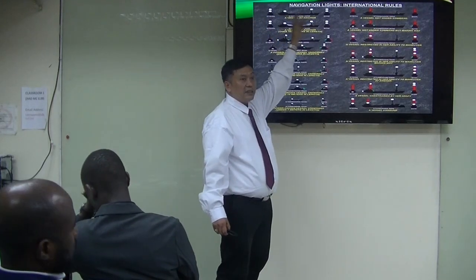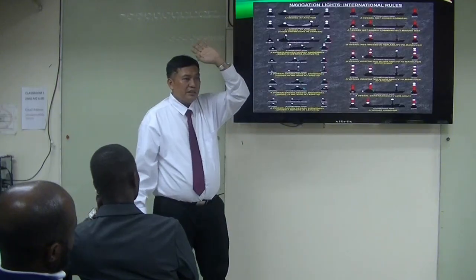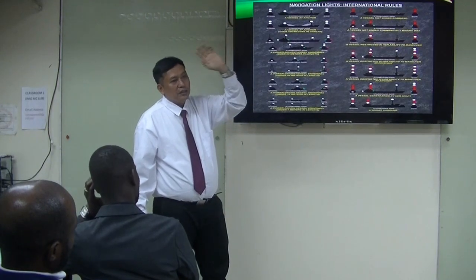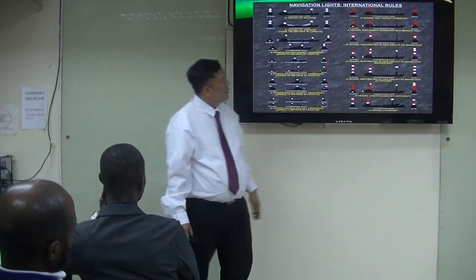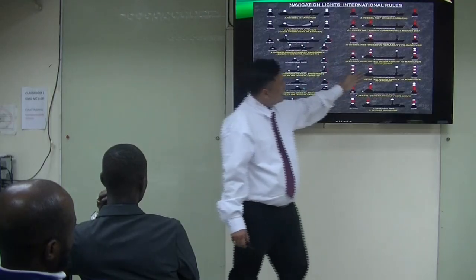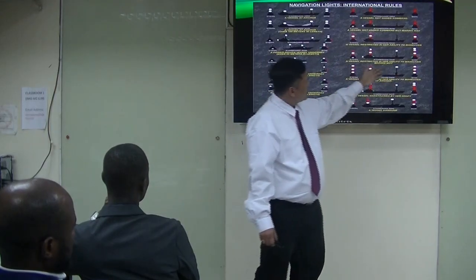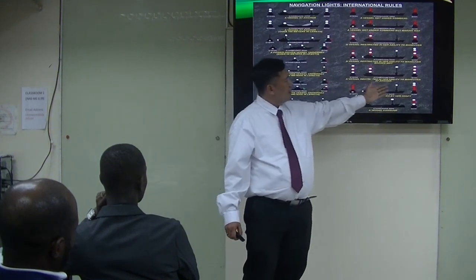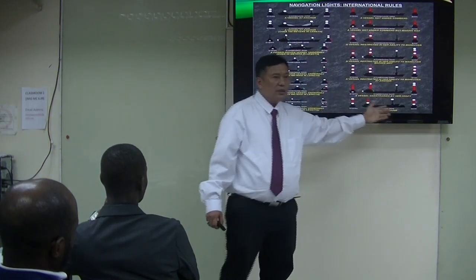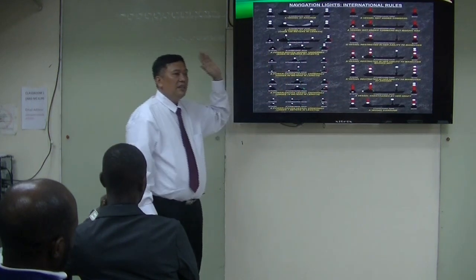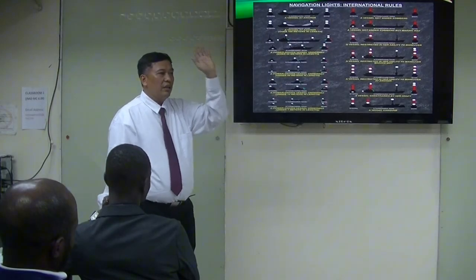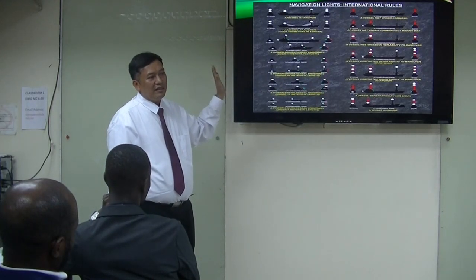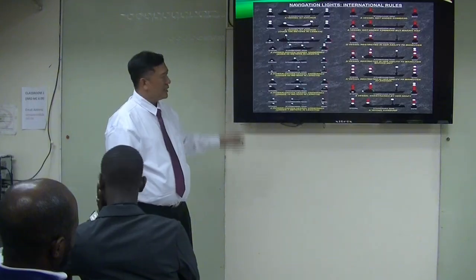But this one is an all around light, not the same as the masthead light that's showing for navigation. Now you will see all the differences with the vessel restricted in her ability to maneuver, making way, and vessel at anchor. So there are special characters, but the colors are all the same, very common and nothing more special.